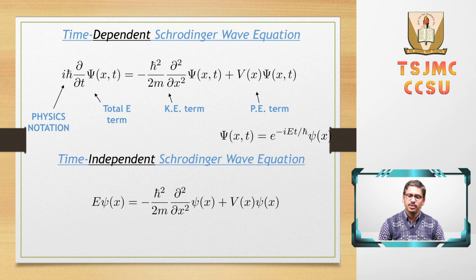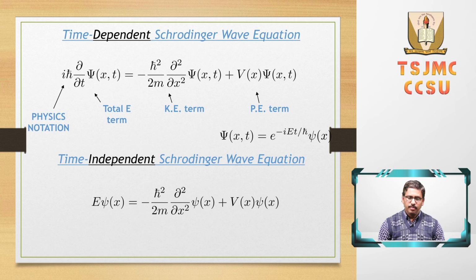If we take V equal to 0, we will get our previous equation for a free particle, because a free particle has potential energy equal to 0. So here i h cut is a physical notation, i is iota and h cut is the reduced Planck constant, and the left hand side is the total energy term, and the right hand side contains two terms, that is the kinetic energy and the potential energy term.